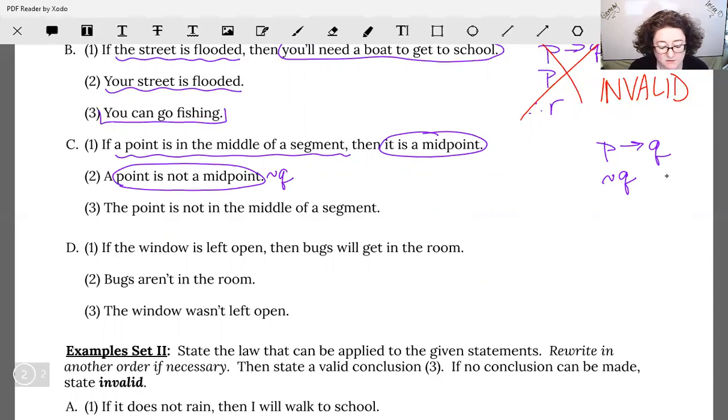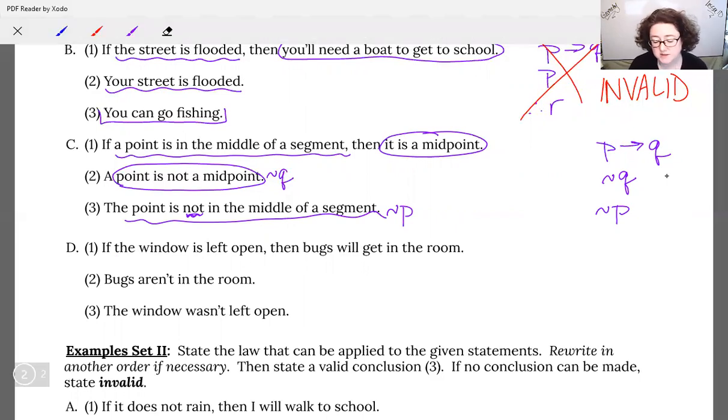And if I read that, the point is not in the middle of the segment, again, we have that word "not" in there. So again, this is really close to the P statement, except it had an extra "not" thrown in there. So this is actually a not P statement. So that absolutely follows our contrapositive law.